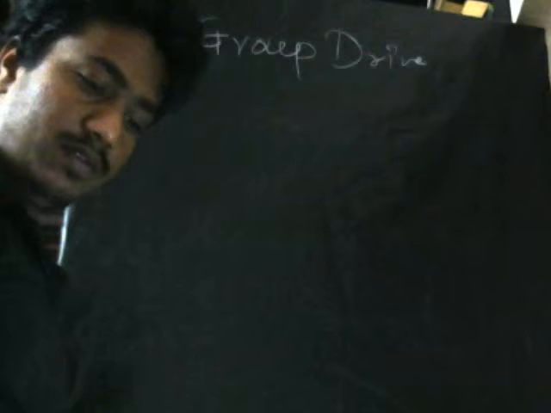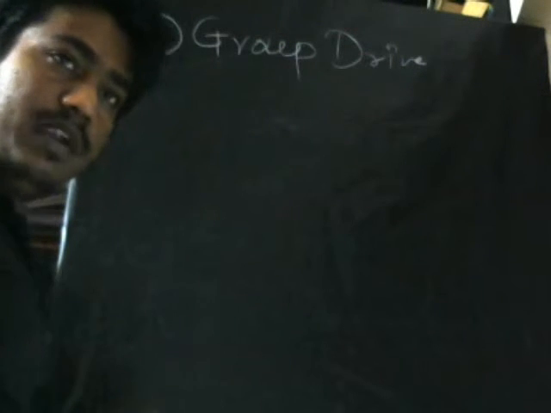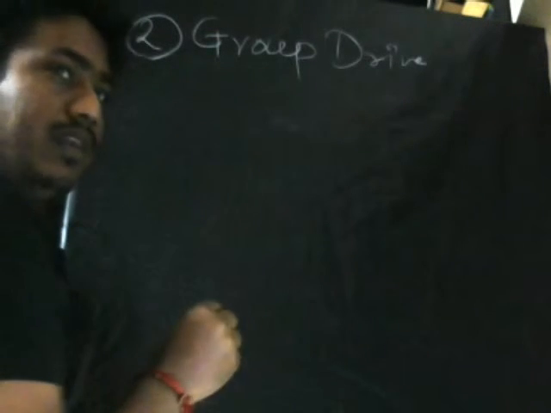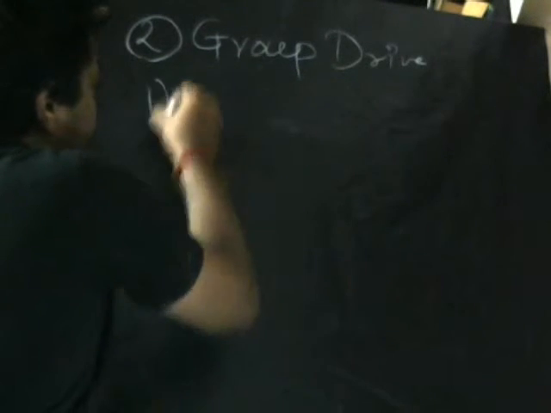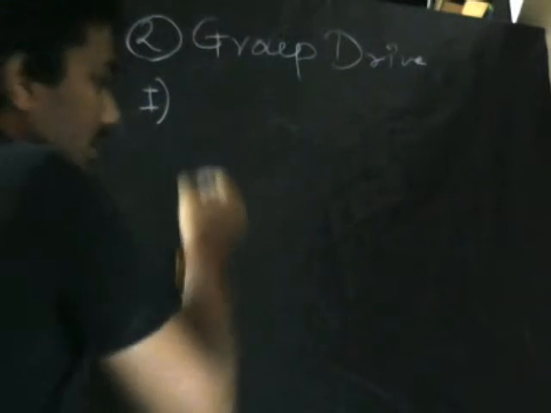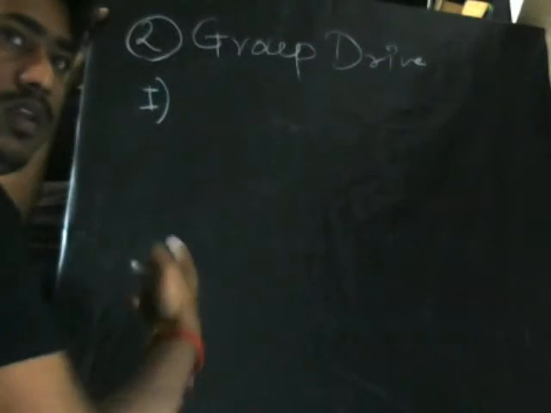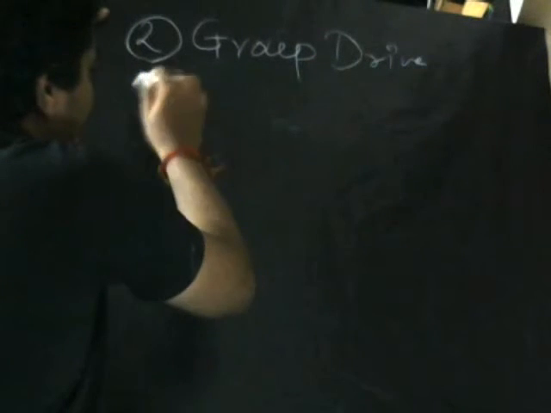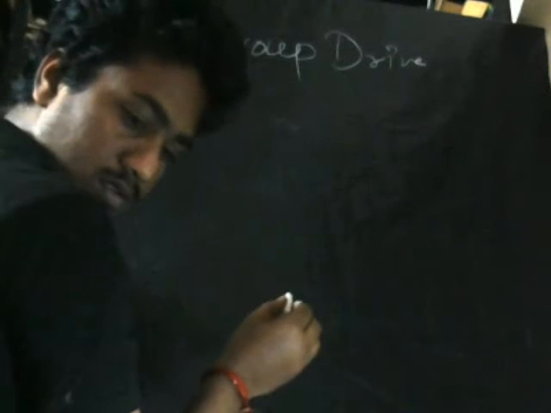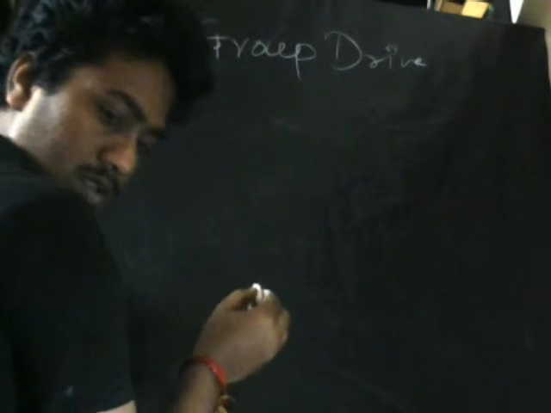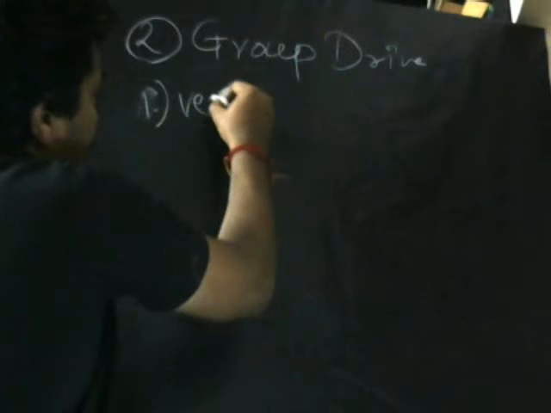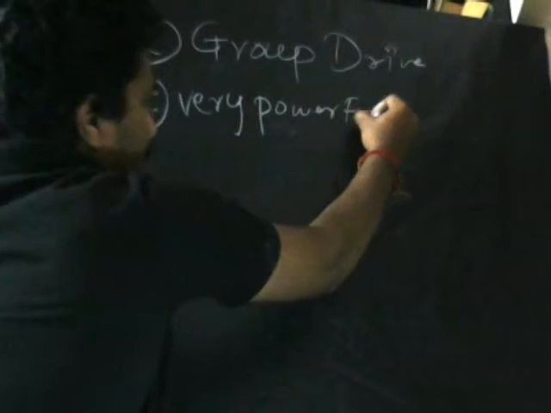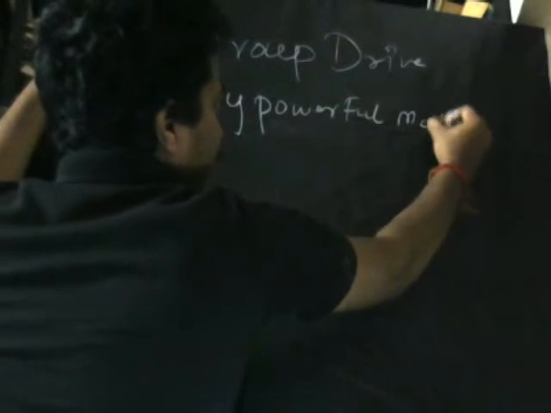So this is our first point. So we should write that. Can you see it? The first point is we will write in this manner. One, a very powerful motor.